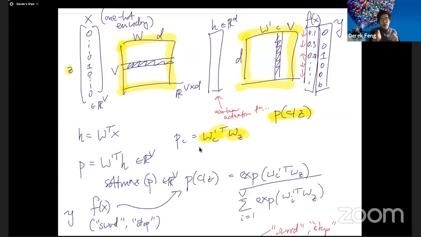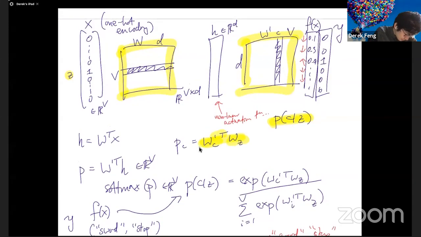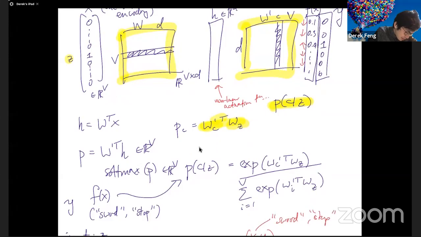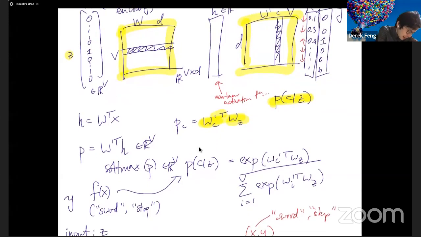So how am I going to learn this? I'm going to do training with essentially something like logistic regression. So there are some key points here, and hopefully this will be clear.